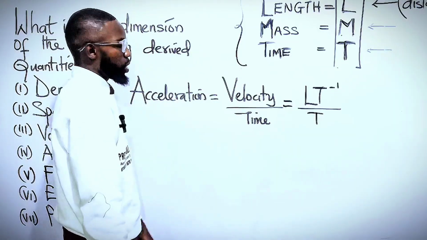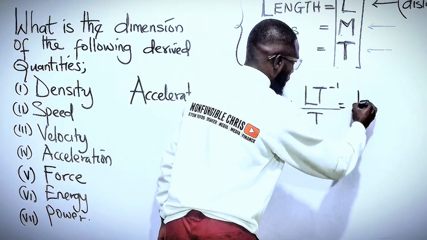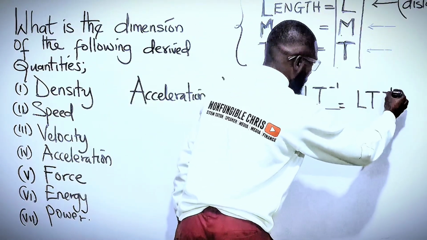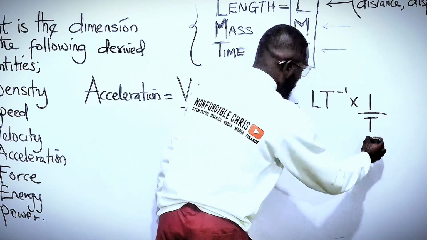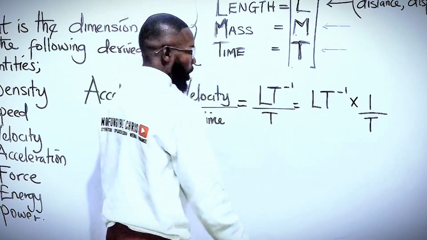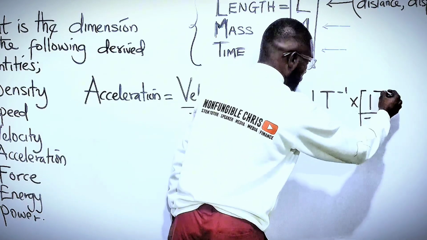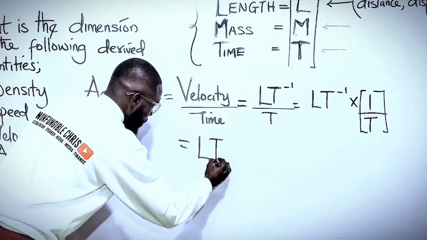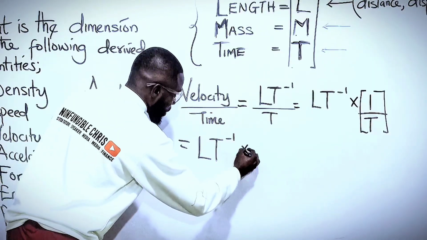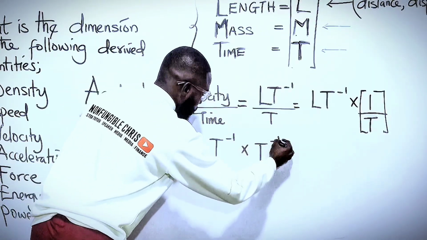So let's express this in an index form. We're going to have LT raised to the power minus 1, the numerator, times 1 over t, such that if we express 1 over t further, we're going to have LT raised to the power of minus 1 times t raised to the power of minus 1.